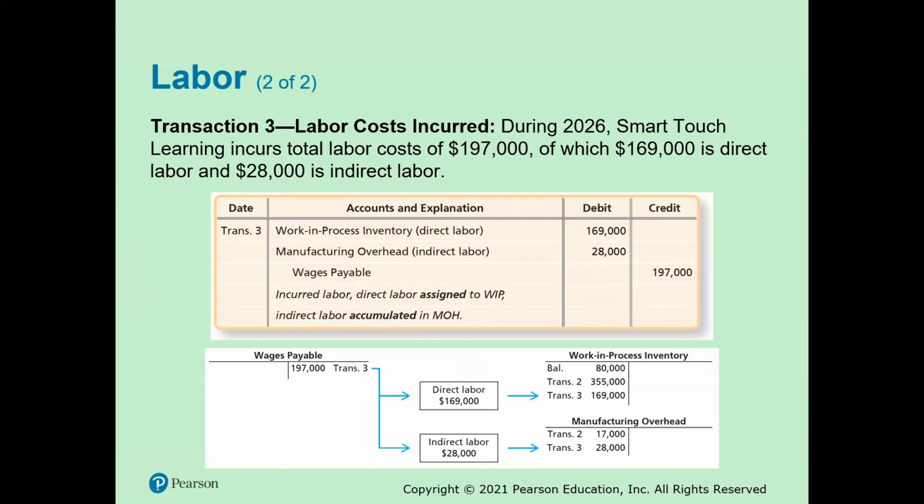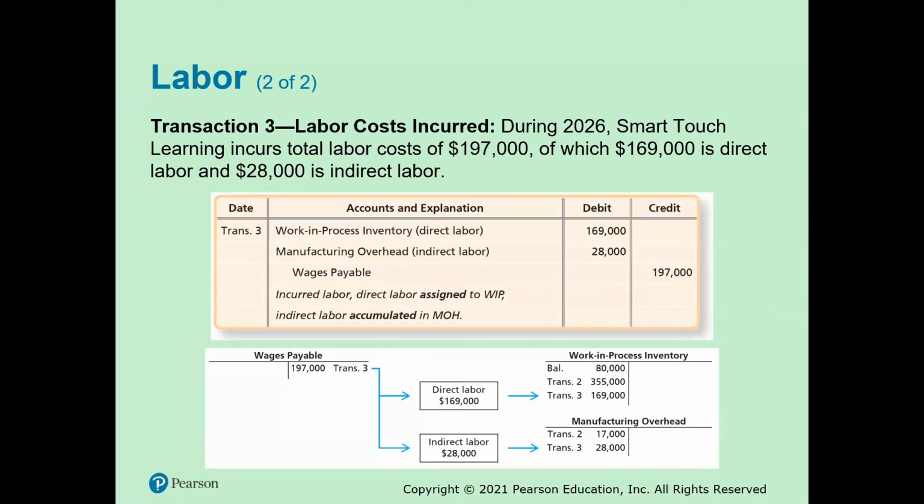Recall that direct labor costs can be easily and cost effectively traced directly to the finished product. Indirect labor costs cannot. Indirect labor costs consist of labor costs for employees working in the factory, but not directly on the products, including employees in supervision, maintenance, and janitorial positions.